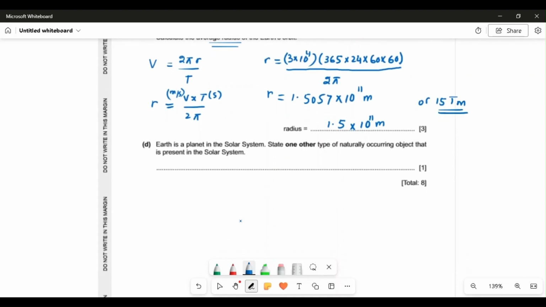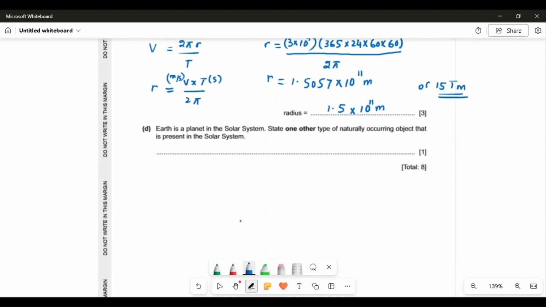Earth is a planet in the solar system. Yes, we are aware that Earth is a planet like Mars and Jupiter. State one other type of naturally occurring object. Natural objects we can simply say are the Moon. The Moon is a naturally occurring object that orbits the planets.